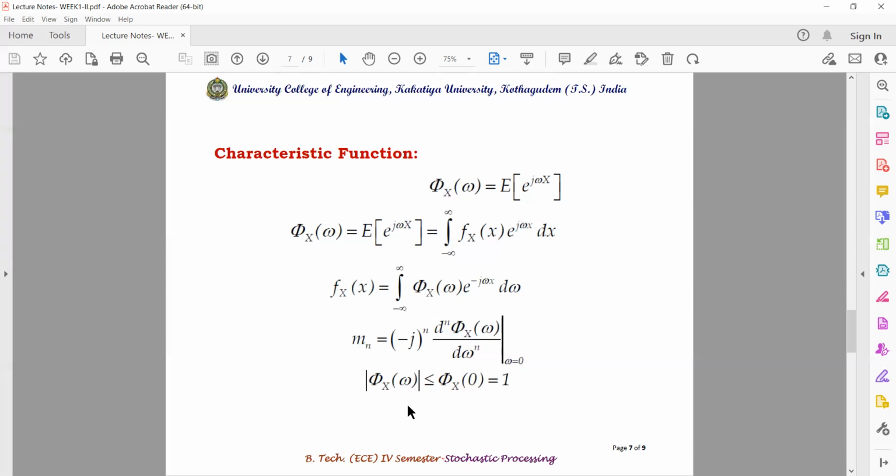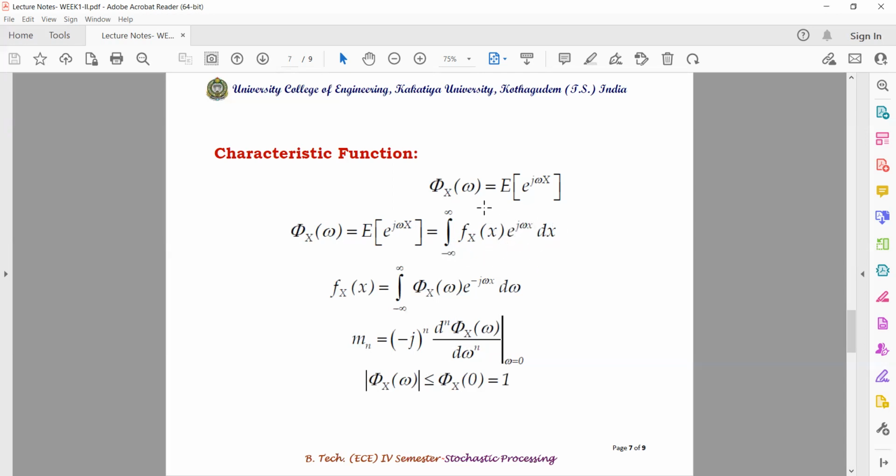And this is a simple proven thing, that the magnitude of phi x of omega is always less than or equal to phi x of 0. In this equation, if you substitute omega is equal to 0, the equation becomes the integral from minus infinity to plus infinity of fx of x e power 0 dx. E power 0 is 1.